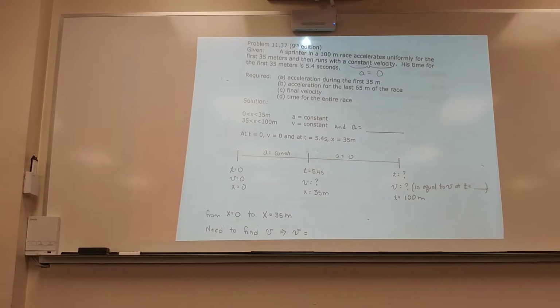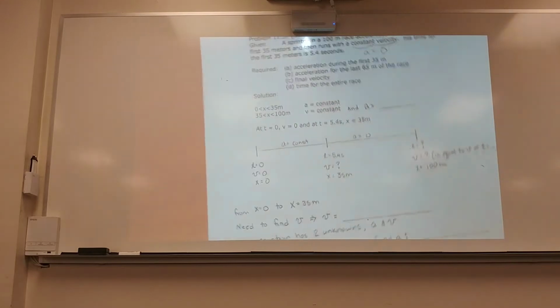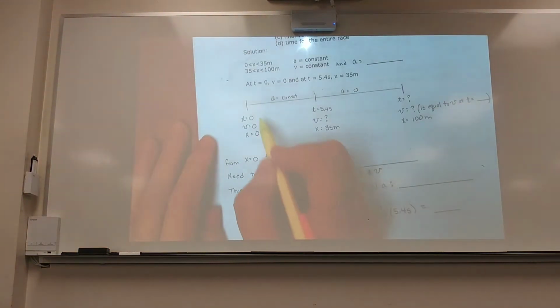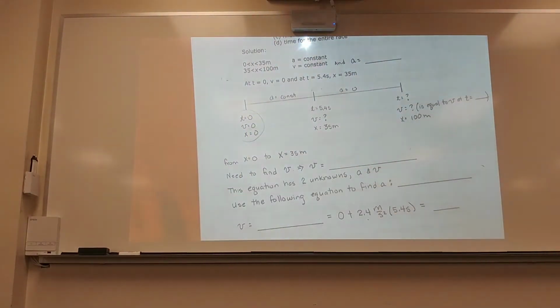So we have 2 different sections of this race that we have to consider separately because their accelerations are different. I just did a little visual of what's going on here. At the beginning of the race, your time, velocity, and position are all 0.